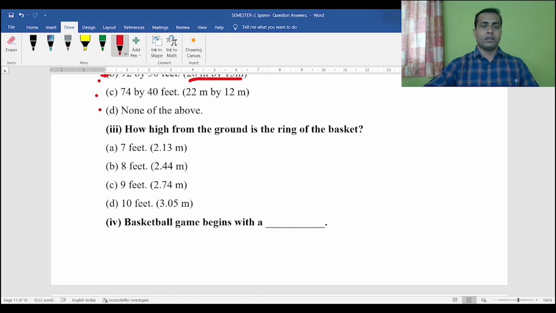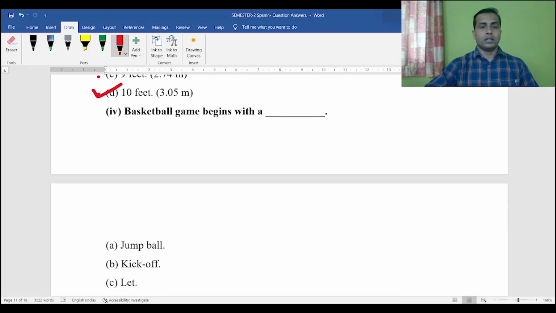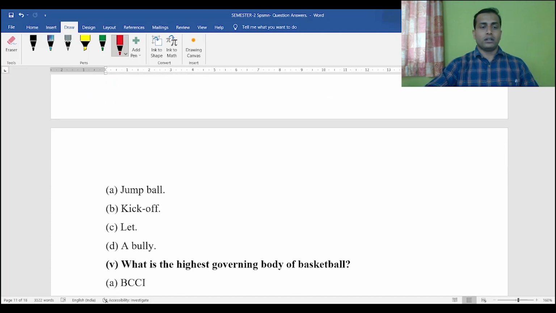Okay. Question number 3: how high from the ground is the ring of the basket? Options are 7 feet, 8 feet, 9 feet, 10 feet. The answer is 10 feet. Next question: the basketball game begins with a jump ball, kickoff, late, bully.